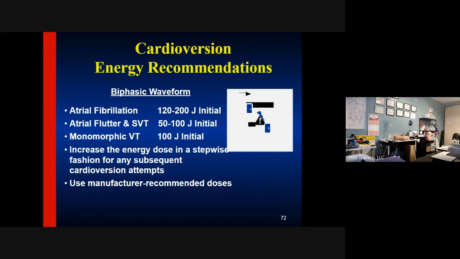But what you can do is for initial cardioversion, if the QRS complex is narrow, we can do 50 to 100 joules initially. If it's wide, we could try 100 joules. So how that works is that the wider the rhythm, the higher the dose you kind of want to go when you do synchronized cardioversion.